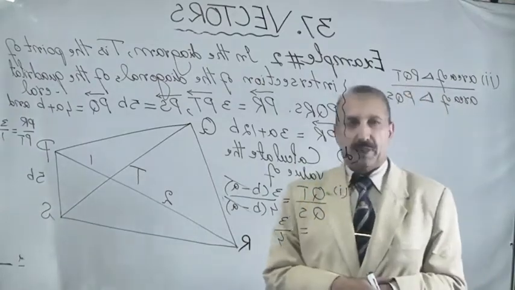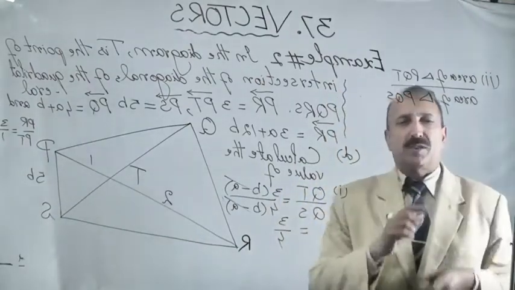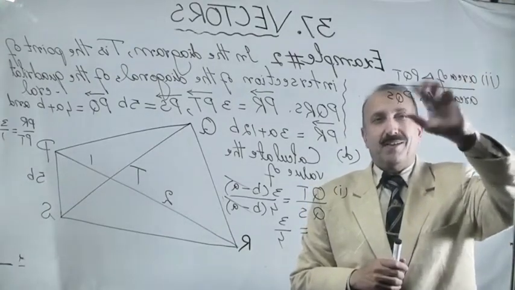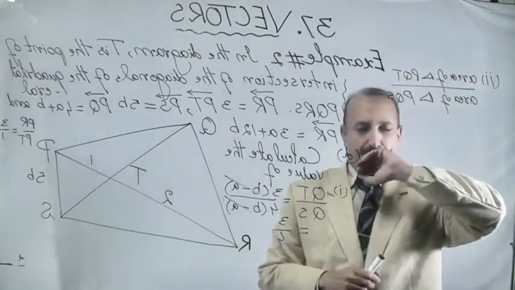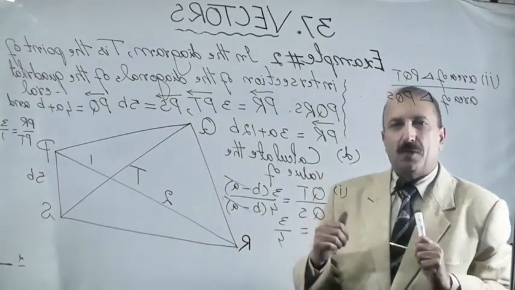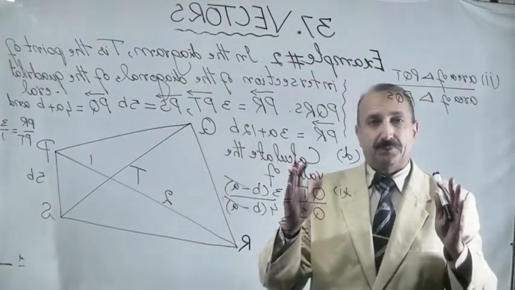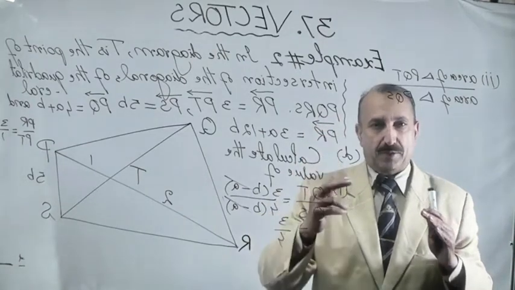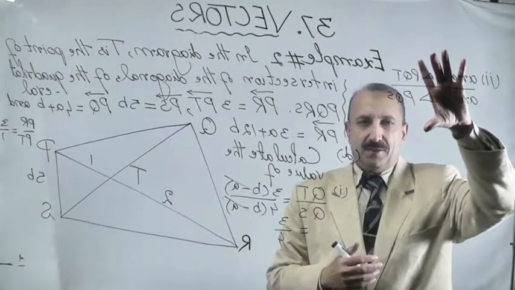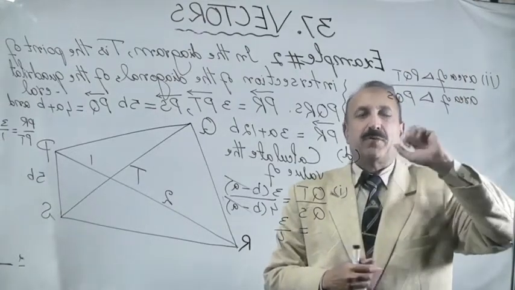And now, if we move towards this part, the question is, we are supposed to find the numerical ratio between the areas of these two triangles. My dear students, in the vector topic, we have 3 types of methods while finding the ratio between the areas of triangles or figures.